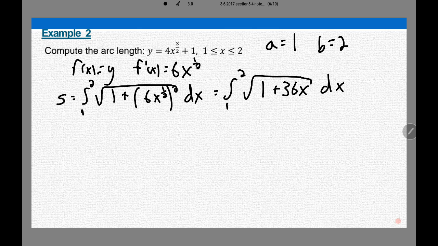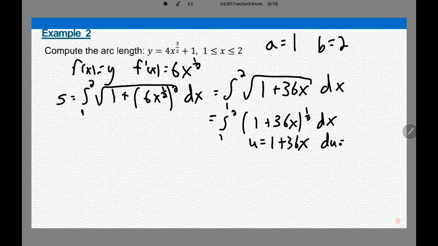So we can rewrite that square root as the 1/2 power if we'd like. And I want you to see that we can do a simple substitution here. Alright. Of u being 1 plus 36x, du is going to be 36 dx.